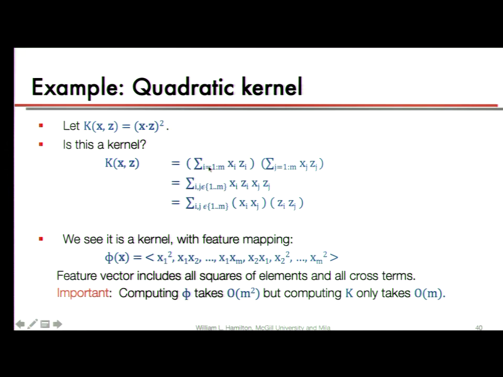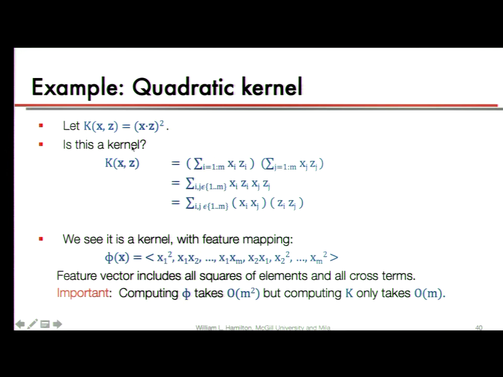But, in fact, this kernel up here, just taking the dot product and then taking it to the square, only takes time O(m). All we're doing is a single dot product and then raising to the power of 2. This is going to give us the same answer as doing this explicit feature expansion and then taking the dot product of this higher dimensional feature vector, which takes time O(m squared).